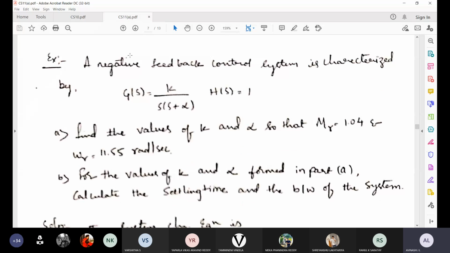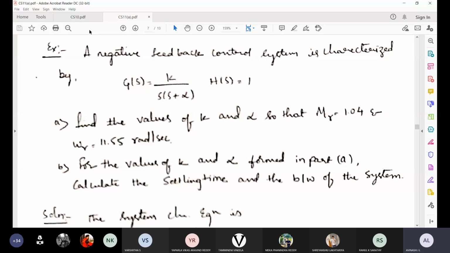The negative feedback control system is characterized by G(s) equal to K divided by s(s + α), and H(s) equal to 1.